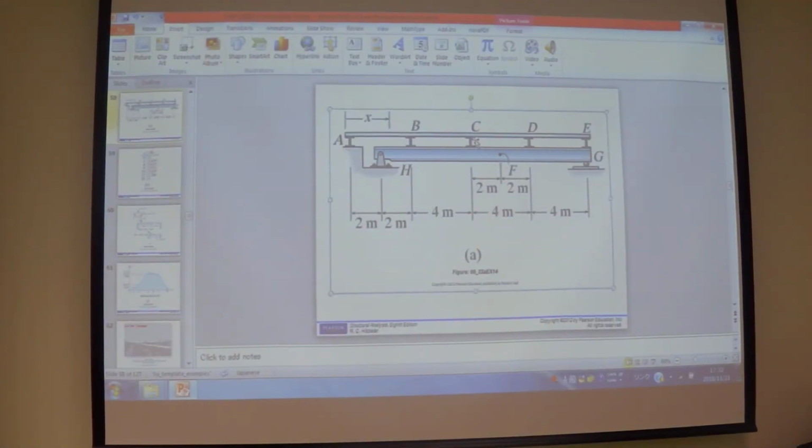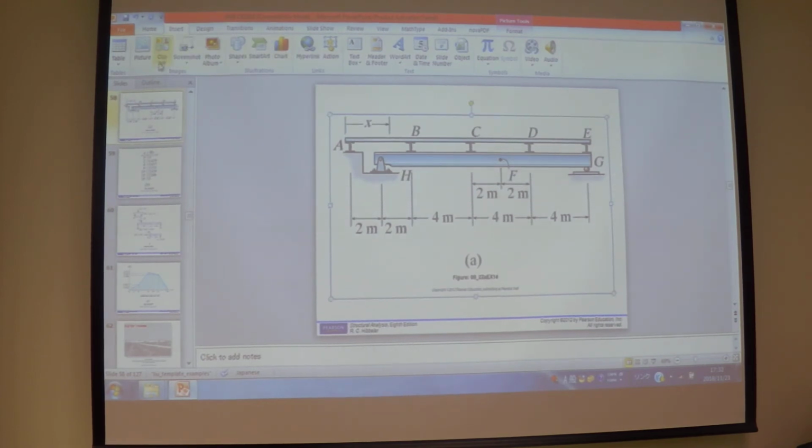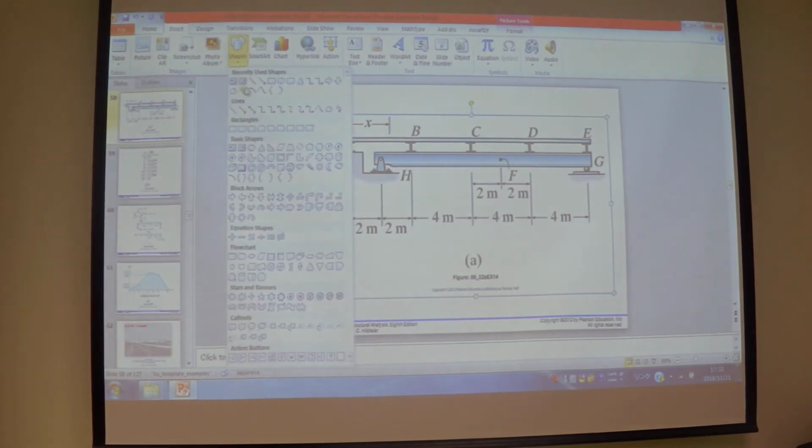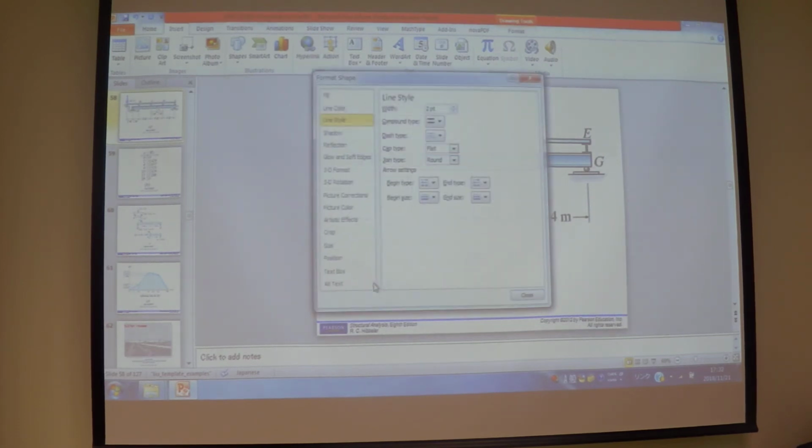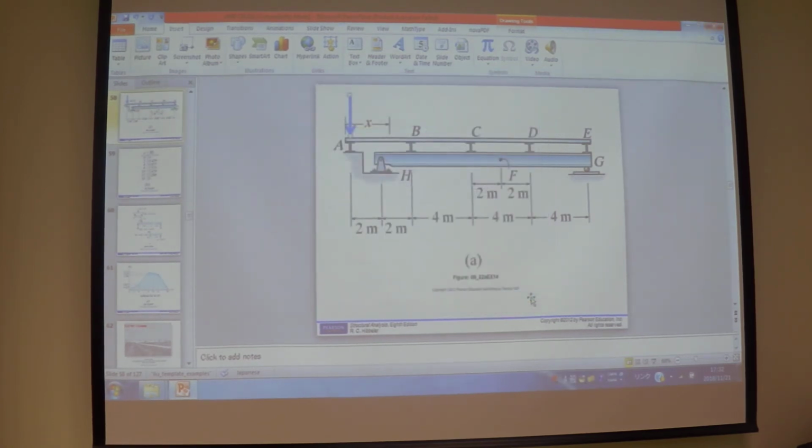See here, now I tell you. The load is here, and this load is 1.